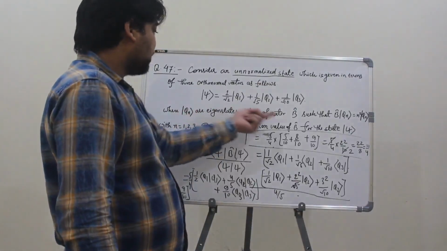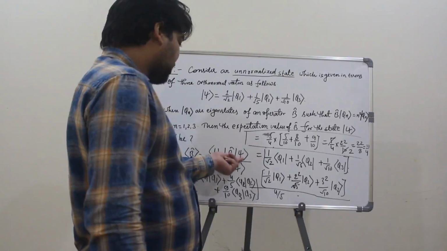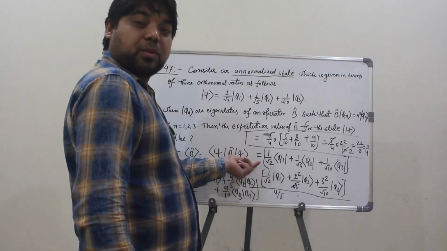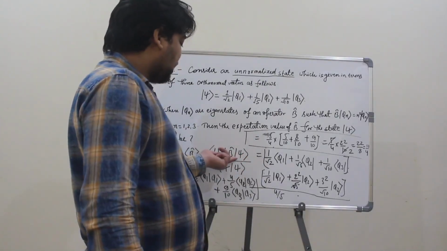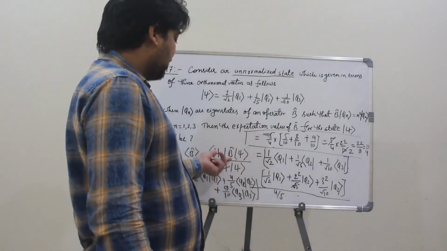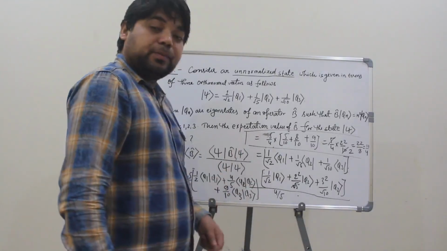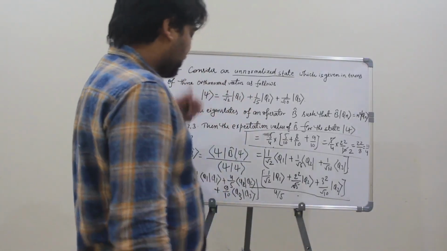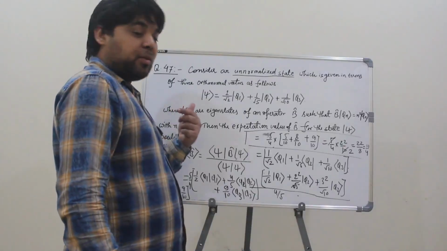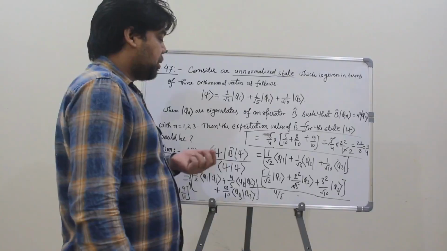And when you are operating on the state, you will be operating on the state side only. After the operation on this state, you will take the inner product with the other state, right? So this is a very important problem. It will be helpful in solving many other problems later during the exams.